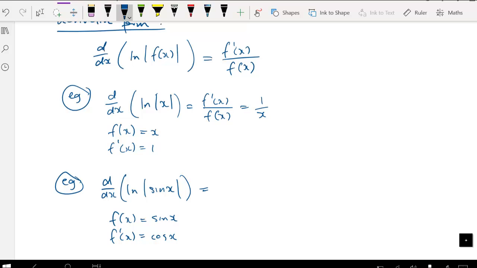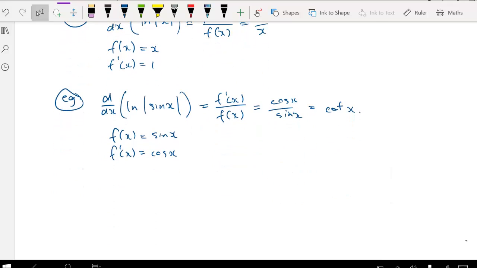So that means this derivative will be the derivative of the internal function over the internal function, which will be cos x on sine x, and we could just say that is cot x. It's a one-line differentiation.